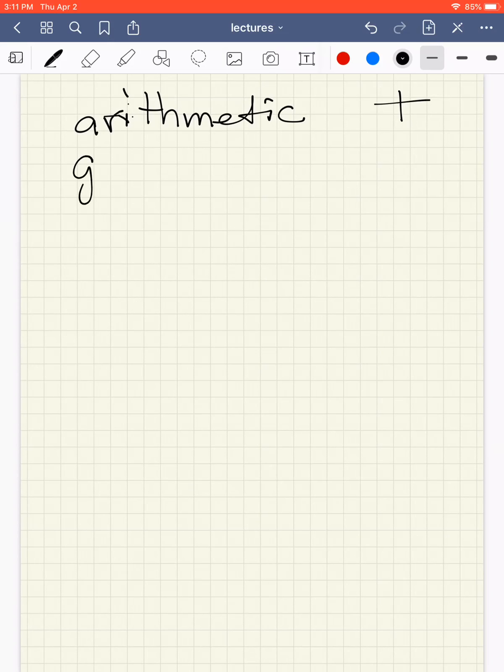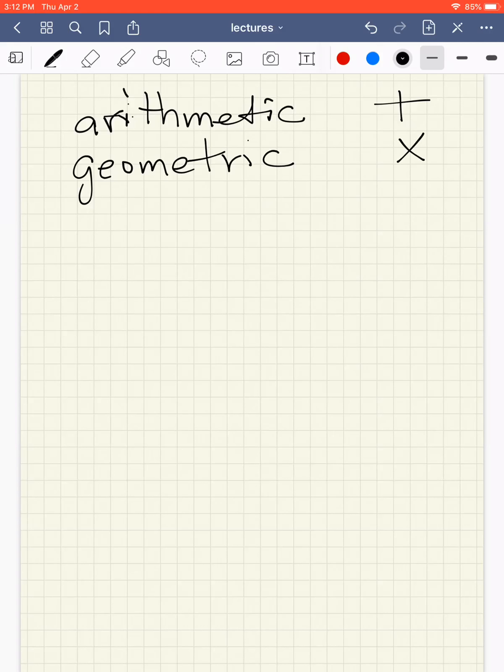Arithmetic is adding, geometric is multiplying.